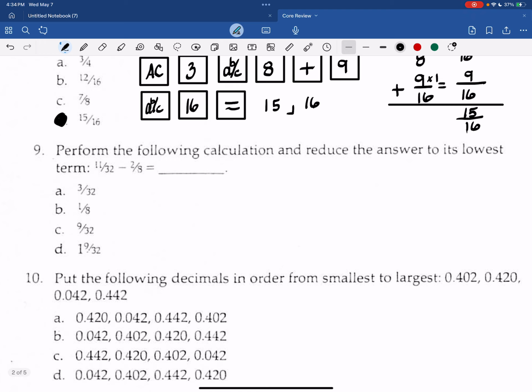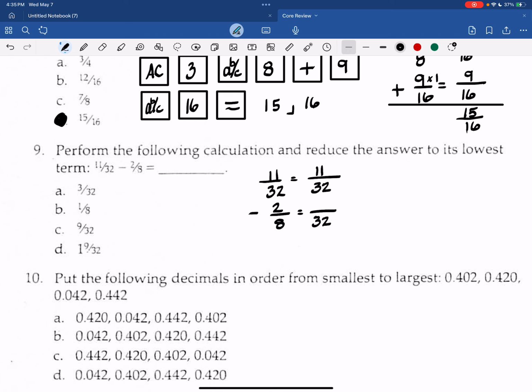Perform the following calculation and reduce the answer to its lowest term. 32nds and eighths are both on a tape measure, so I'm going to do this one without the calculator this time. So we need a common denominator, and that's going to be the 32. It has to be at least as big as the biggest number.